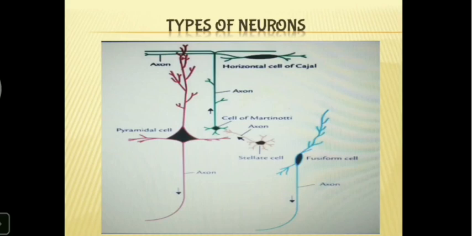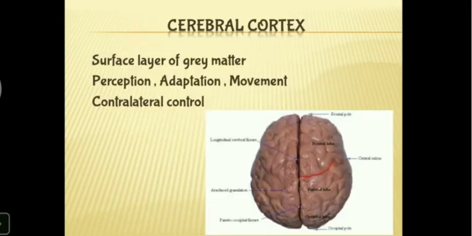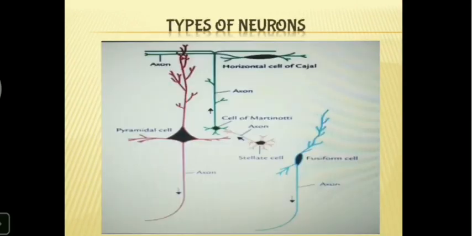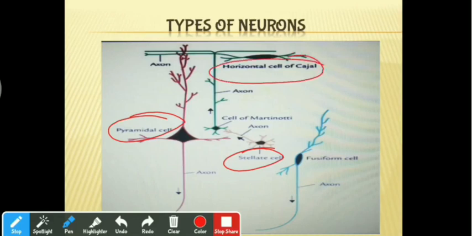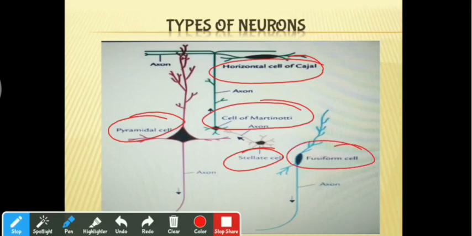The types of neurons present in the cerebral cortex are five in number: the pyramidal cells, the stellate cells, the horizontal cells of Cajal, the cells of Martinotti, and fusiform cells. So there are five different types of neurons present.